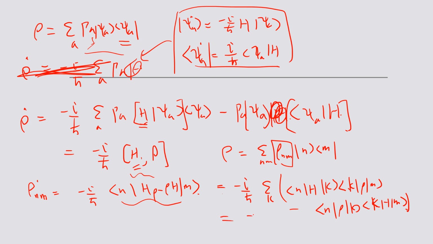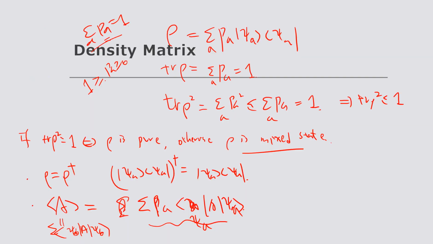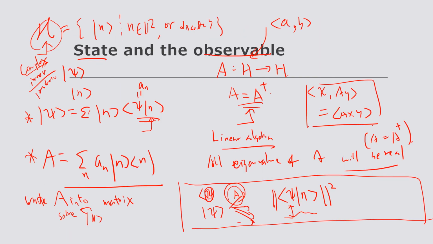Then you compute it: minus (i/h-bar) summation over k of H_nk rho_km minus rho_nk H_km. So that's it. This is the standard dynamics of the density matrix. Okay, so I think this is all the important quantum mechanics, the key ideas.